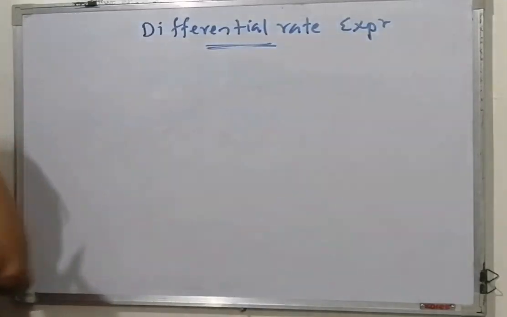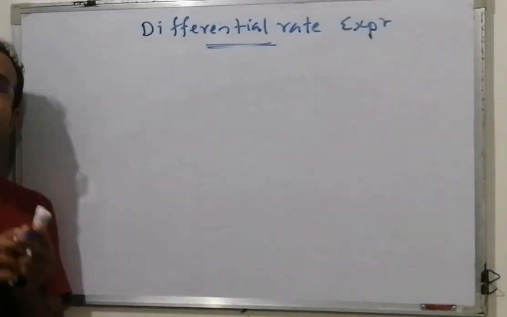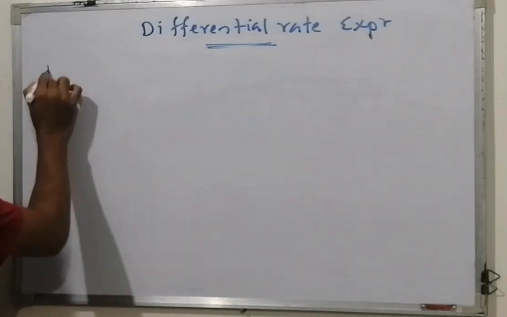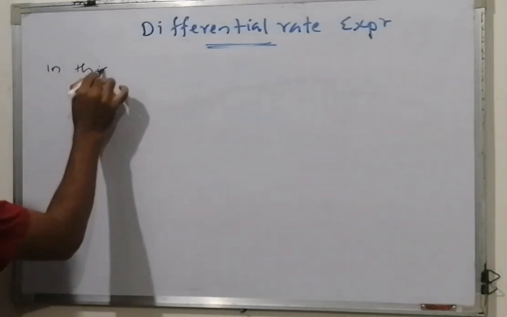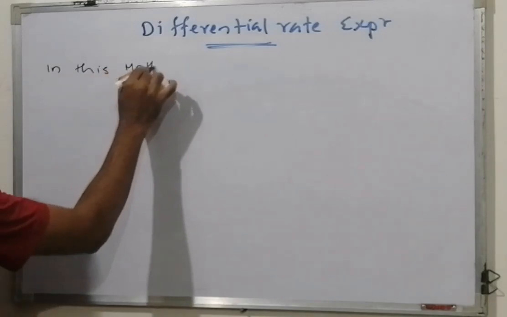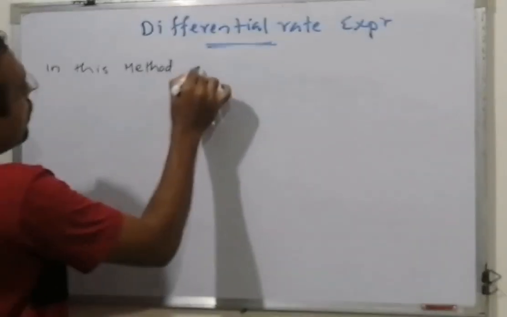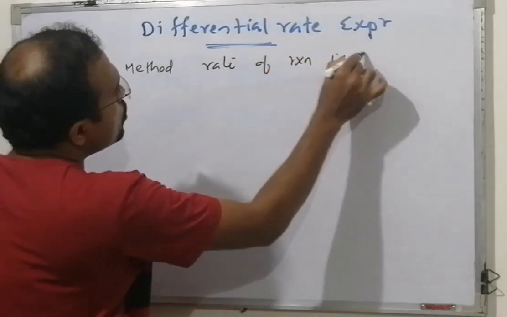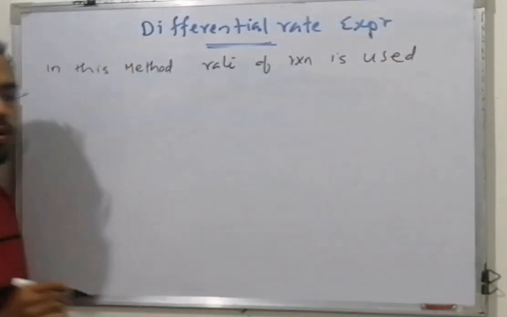Differential rate expression. This is one method. In this method, the rate of reaction is used to determine the order.